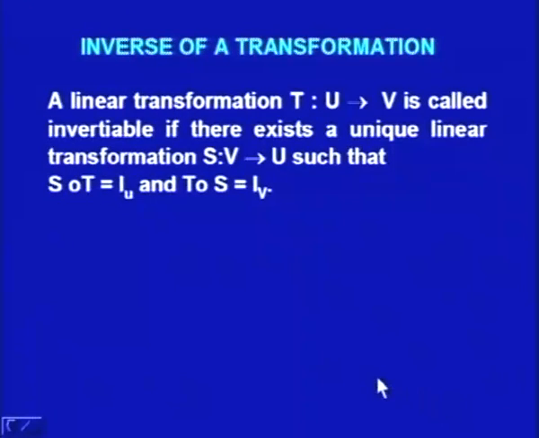Now, we come to the inverse of a transformation. A linear transformation T from the vector space U into V is called invertible if there exists a unique linear transformation S from V into U such that S composite T is the identity of the vector space U and T composite S is the identity of the vector space V. Now, both these things should be satisfied.